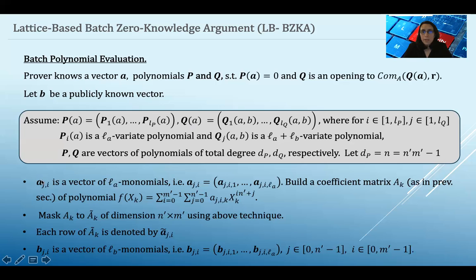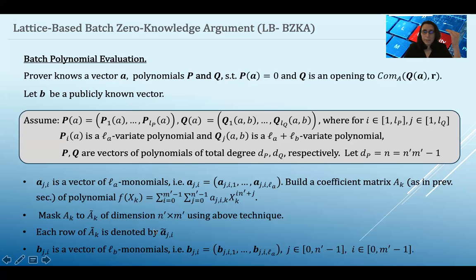Okay, so we know that AJ1 is a vector of LA monomials. So that means it can be written in this form. So we build a coefficient matrix of these monomials in the following form. Then again, we mask this matrix to A tilde using exactly the same technique as introduced in the first contribution.